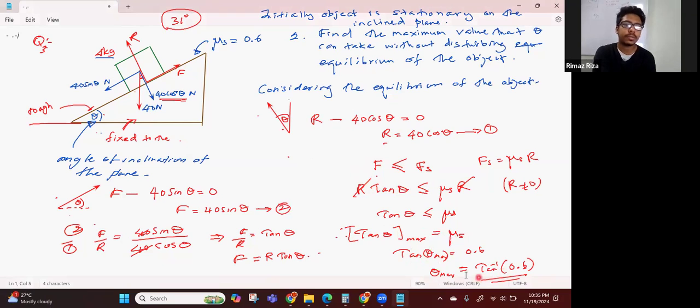Therefore theta max we can find, that will be about 30 degrees and 18 minutes. Degrees, minutes, arc minutes, yeah. Okay.